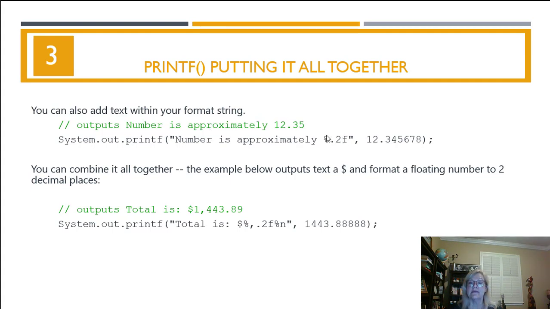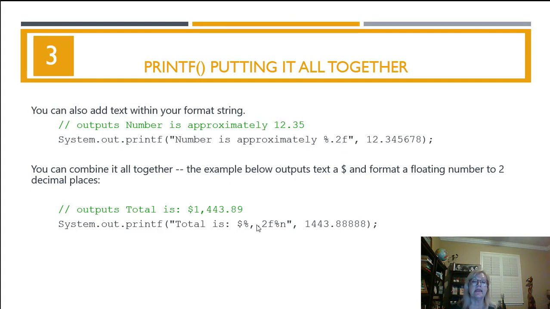So that's the format character there. And here is our data argument that's going to go into this placeholder. So if there's not a percent inside of it, it just literally will print out what you see. It's going to take this 12.35, rounding it up because of the precision value there.